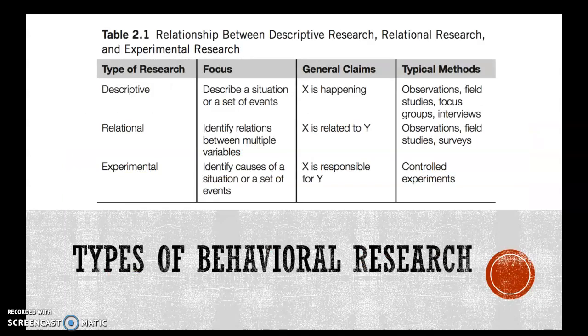So this is another table from the book. There are different types of methods for descriptive investigation, like observation, field study, focus group, and interviews. Relational will be observation, field survey.